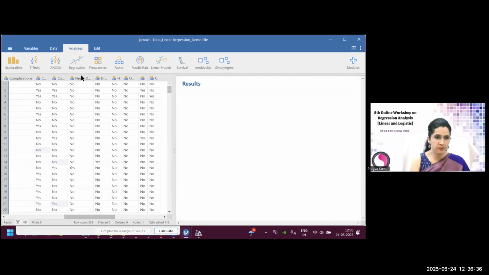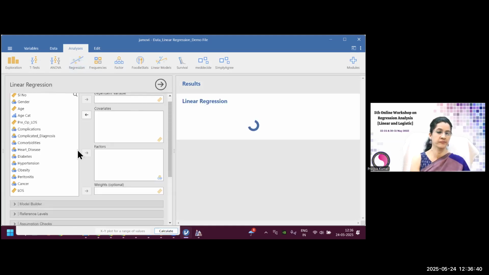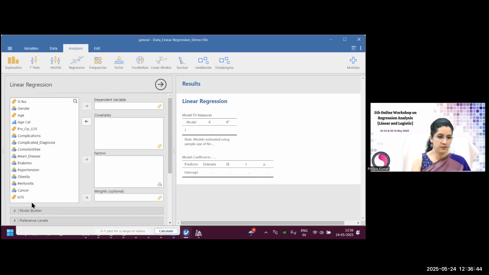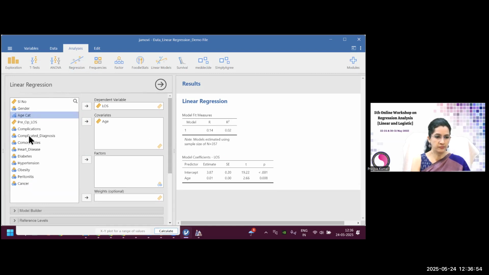Okay, sure. So I'll go to this regression. In regression, you are saying dependent variable as LOS. And here, age, disease.